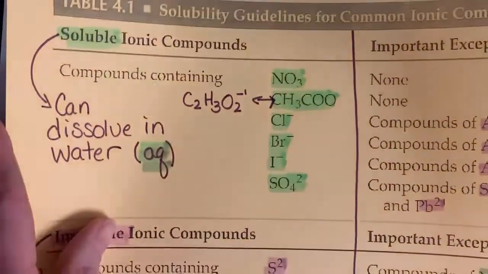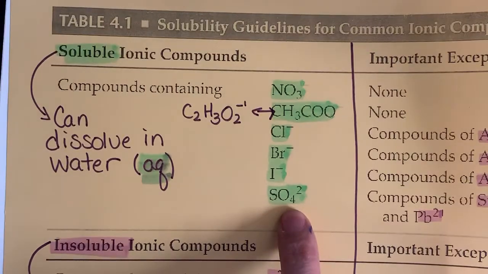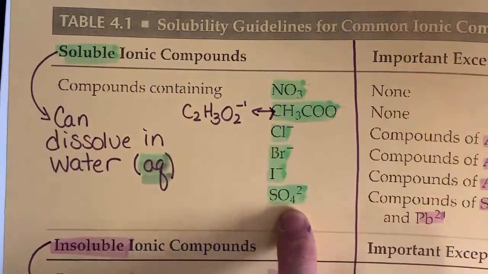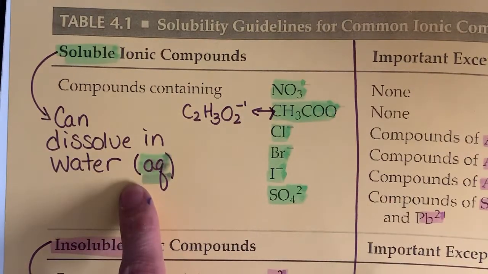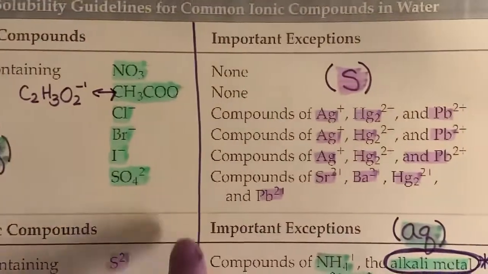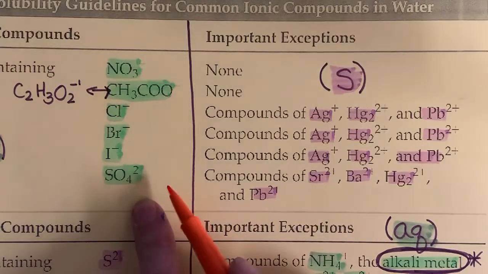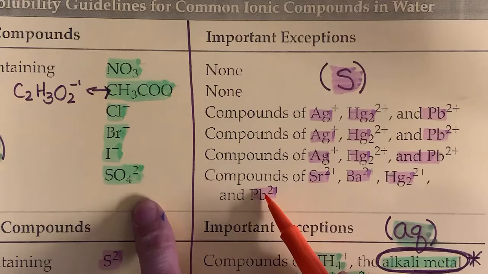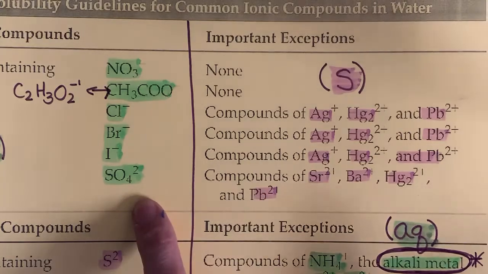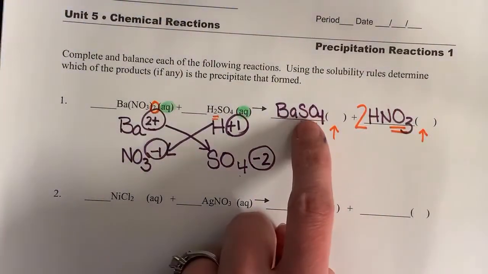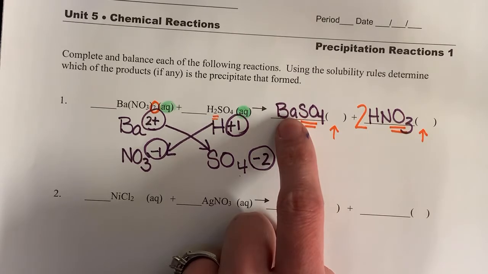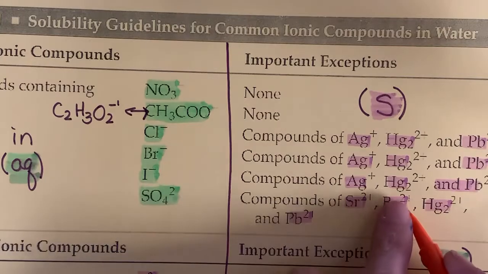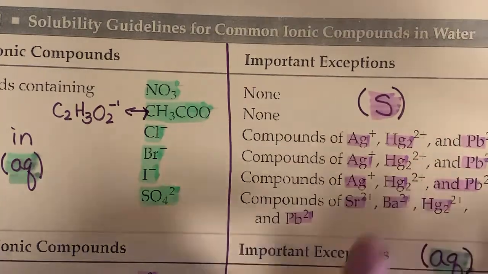So SO4 is going to be soluble in water. He can dissolve, so he's aqueous. Unless if SO4 is partnered up with Sr, Ba, Hg, or Pb, then he's a solid. Well, in this case, SO4 is partnered up with Ba. BaSO4 is going to be solid.